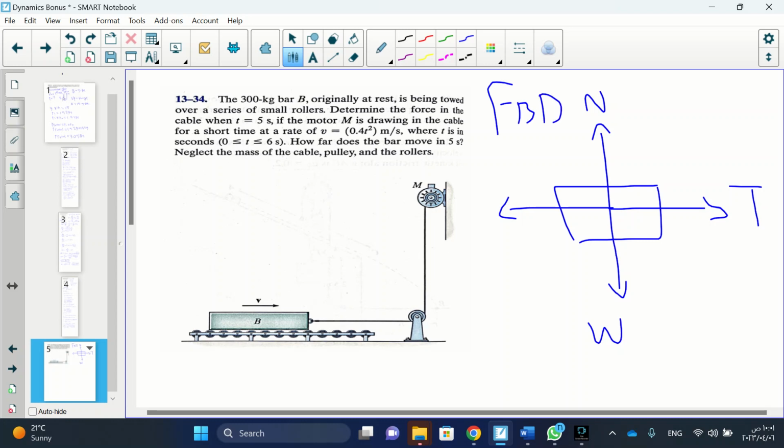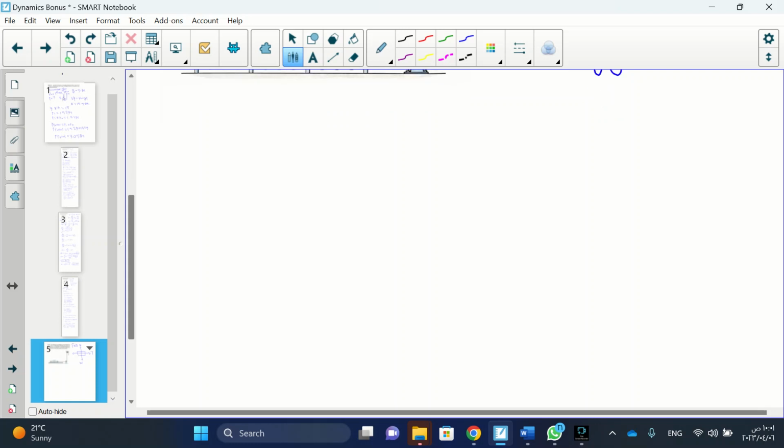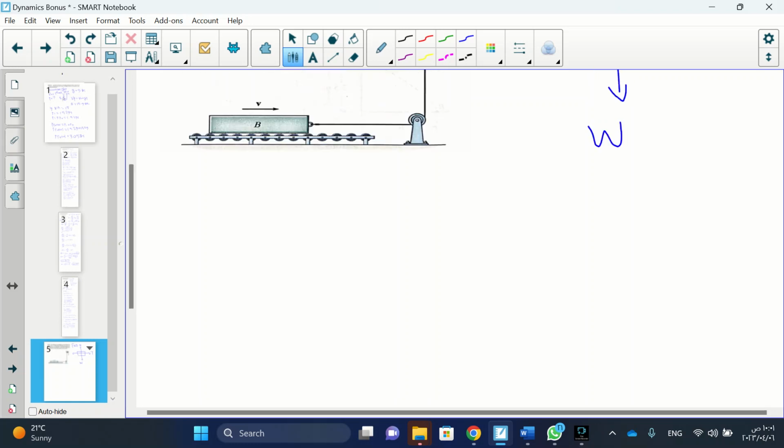So we draw the free body diagram first, then we write what we know. We know that V is equal to 0.4 T squared. Let me remind you of the equations that you should always remember.